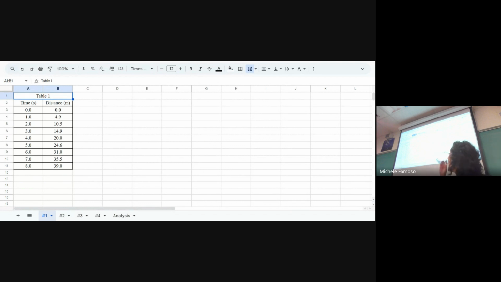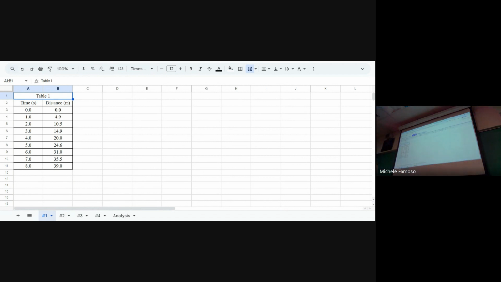And you'll see that on this Google Sheet document, the workbook, there are 5 tabs. 1, 2, 3, 4, 5 tabs that you need to do. Let me explain what you're going to do on each tab. On tab 1, 2, 3, and 4, you are making the graph only that goes with the data table. So let me write this down. What do you need to do for each tab?